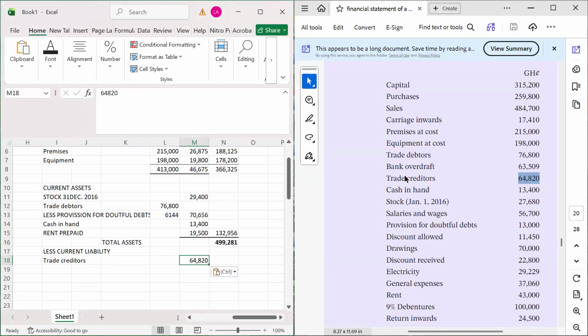They put it there. We also saw it's an overdraft. Overdraft means you overdrew your account. It's like taking a loan from the bank. And that is how much? 63,500.